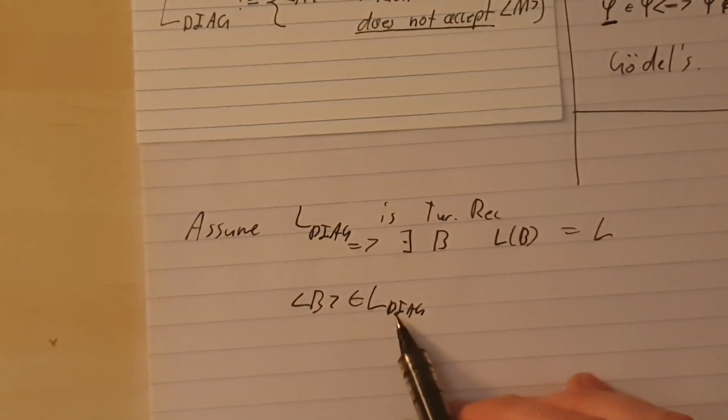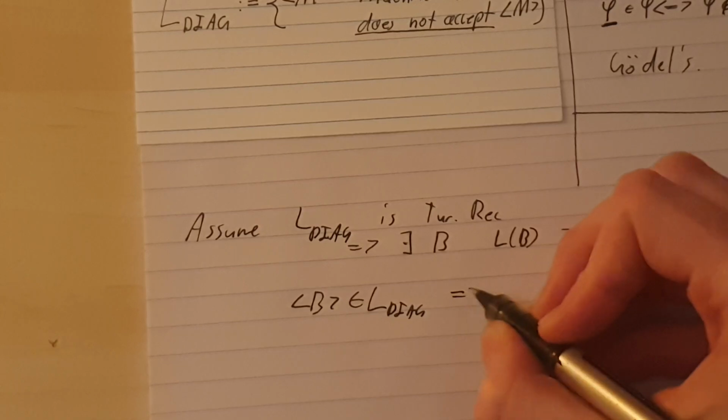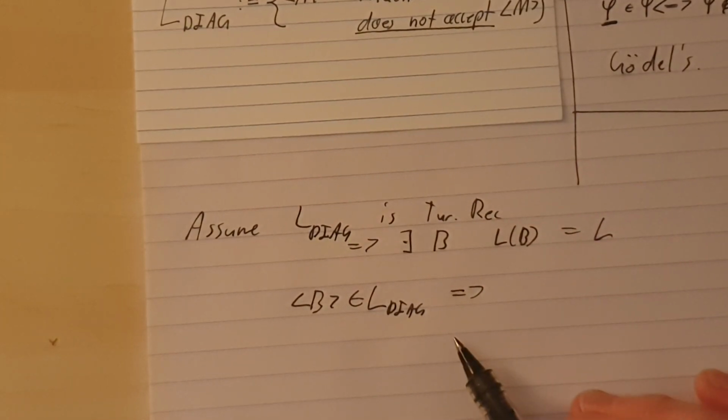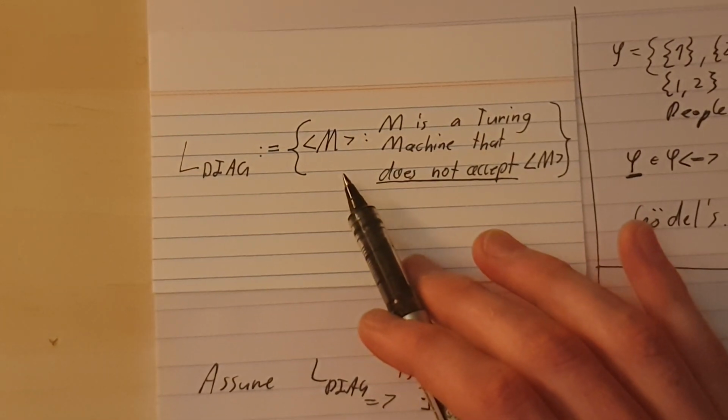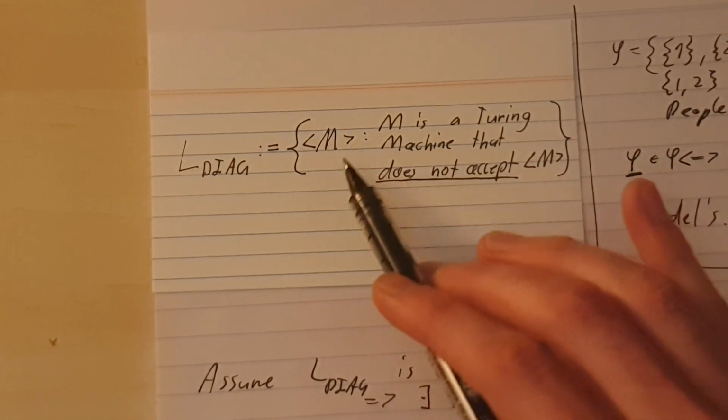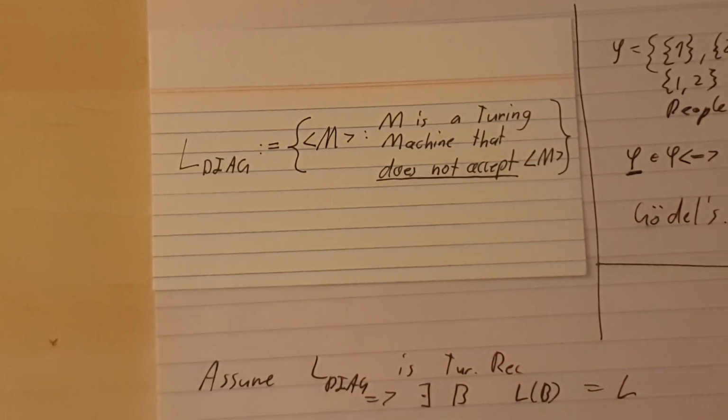Well, let's assume it's in L-DIAG. That would imply that the encoding of B is in L-DIAG, which means the encoding represents a machine that does not accept its own encoding.